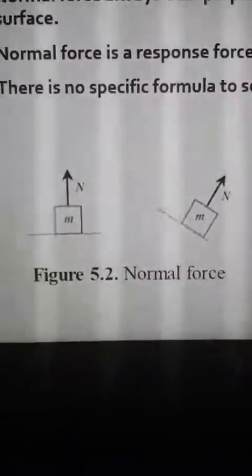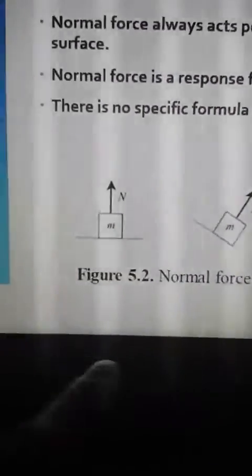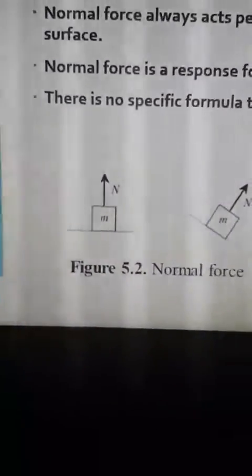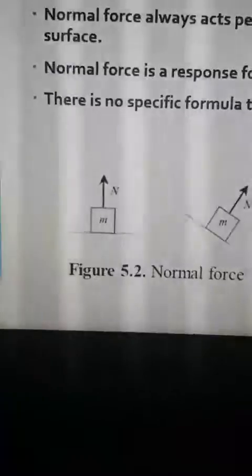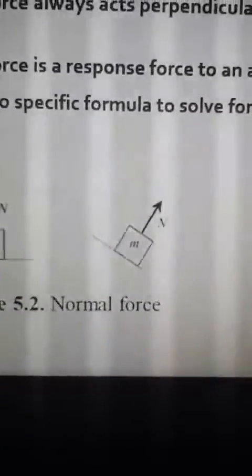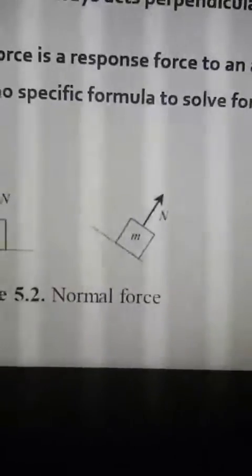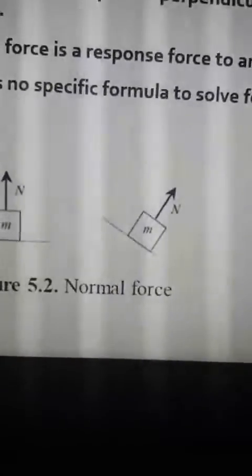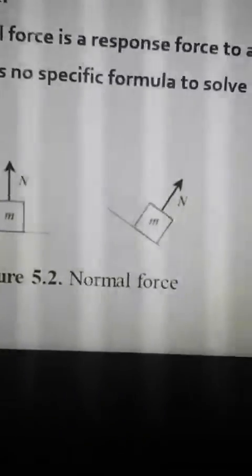Okay, look at these examples to see how it's perpendicular. When we have a flat, horizontal surface, the normal force here is a vertical line perpendicular to the surface. Look here, I have an inclined plane surface. In this case, what do you see? That the normal force is not a straight vertical line. No, it is perpendicular to the surface.